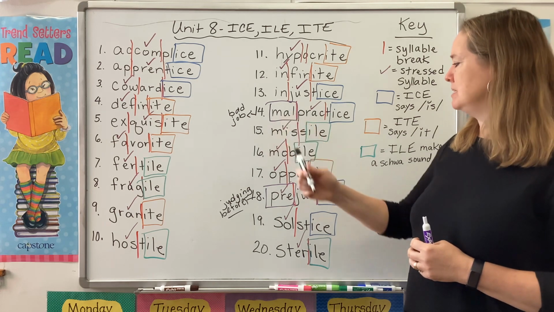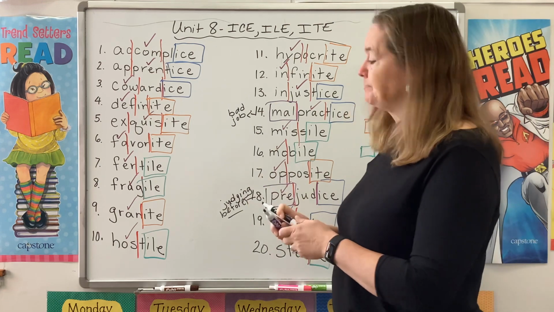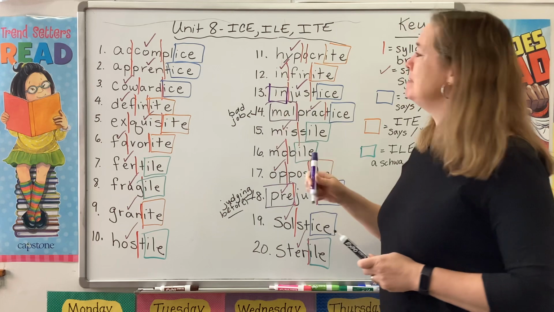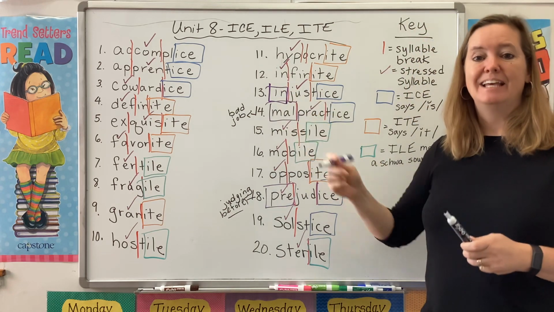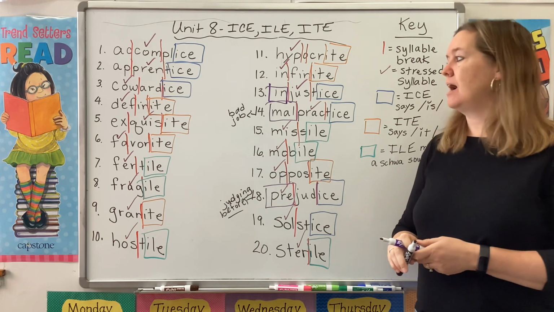Okay, so mal means bad, pre means before, in can mean not. So an injustice is an act that's not fair, right?